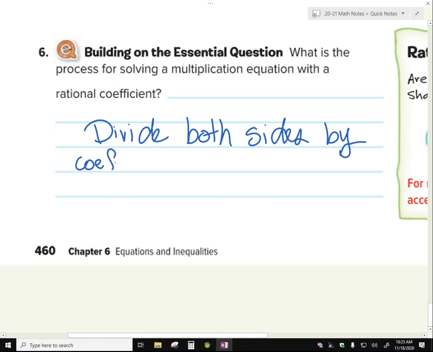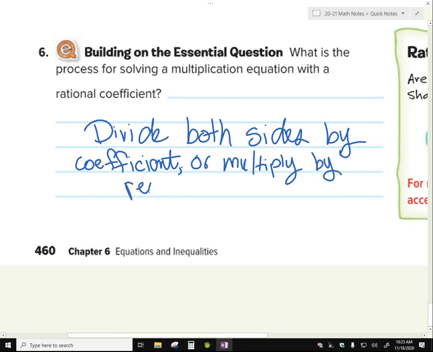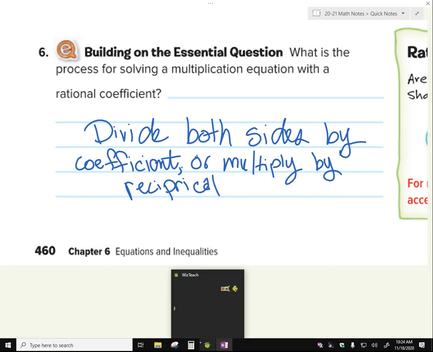That's from Monday. Or multiply by the reciprocal. Multiply by the reciprocal.